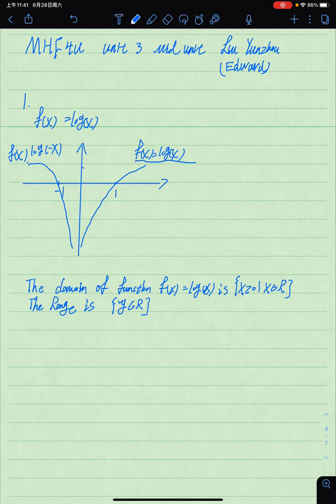So here's the vertical reflection. The equation is y equals negative log x.